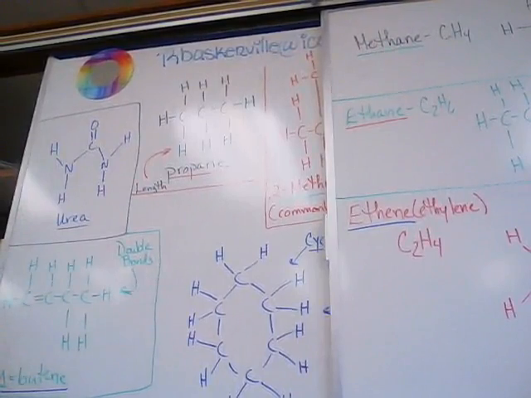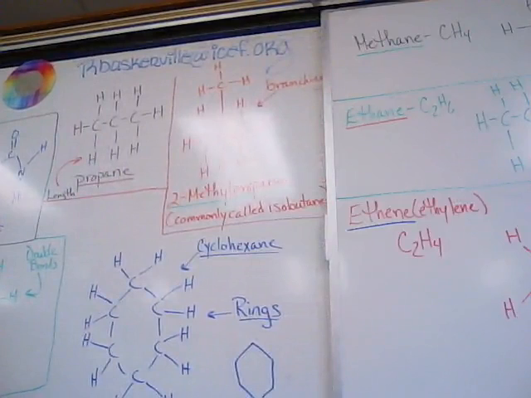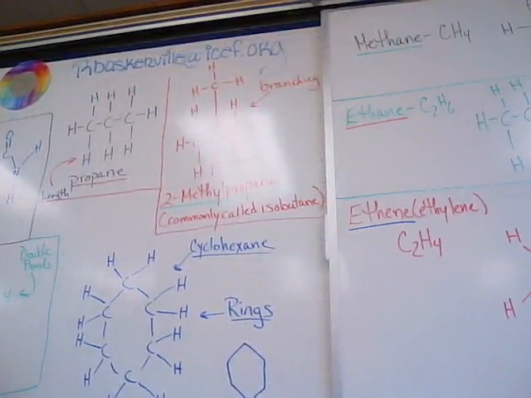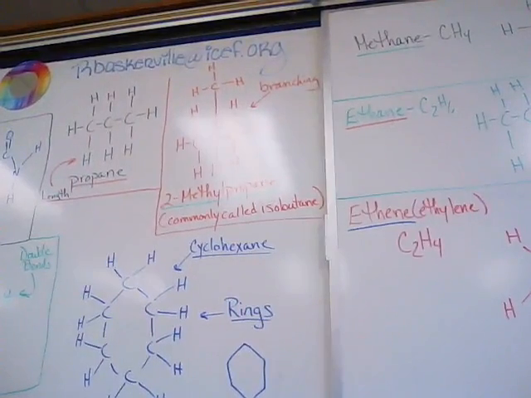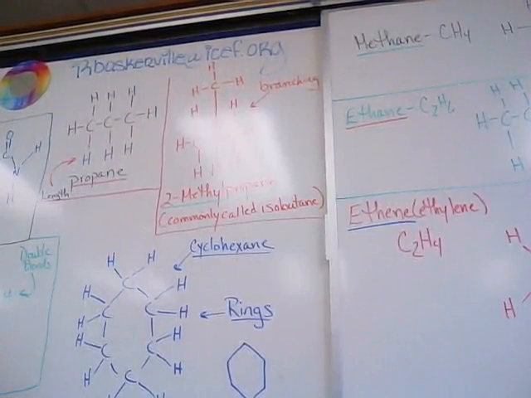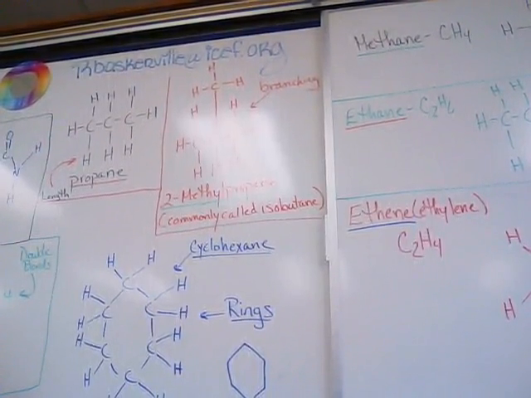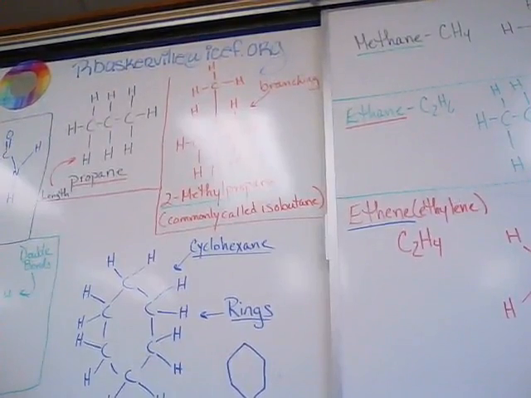Okay, so let's talk about molecular diversity arising from carbon skeleton variations. All right, carbon chains form the skeletons of most organic molecules. The skeletons vary in length and may be straight, branched, or arranged in closed rings.